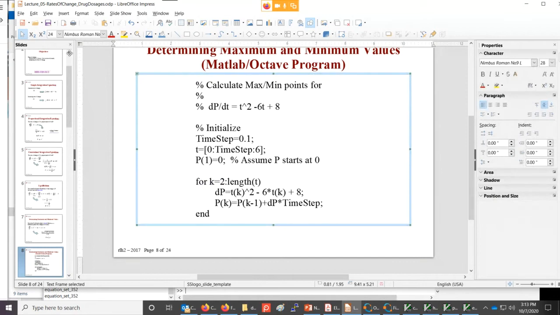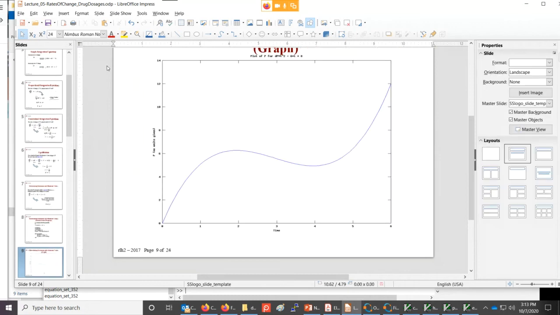Okay. So if we wanted to plot this, this is just the code here to plot t squared minus 6t plus 8. And then there's the plot. So again, at 2, we can see that is a max value. I'm not saying it's the maximum that the population ever gets to, but it's a local maximum.